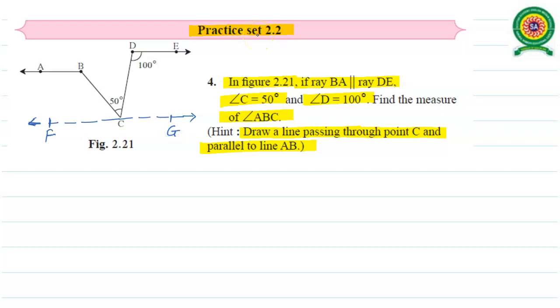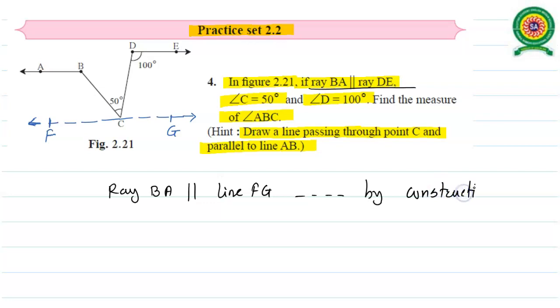As per the construction, ray BA, or you might say line AB, because a ray is some part of a line, is parallel to line FG. I am writing the reason behind it: this is by construction. And it is already given that ray BA is parallel to ray DE.